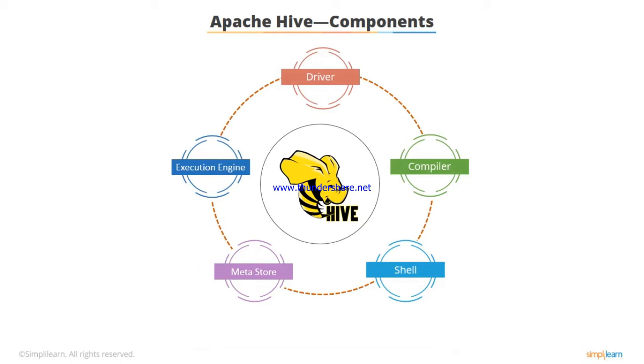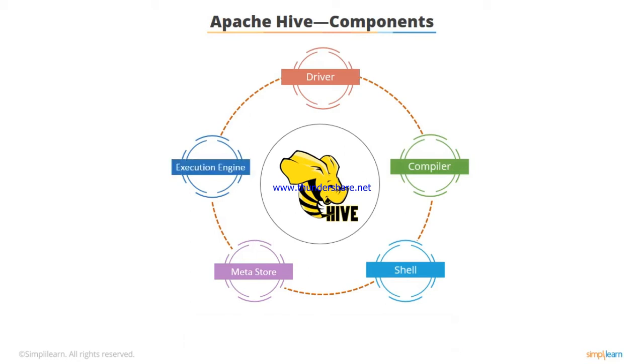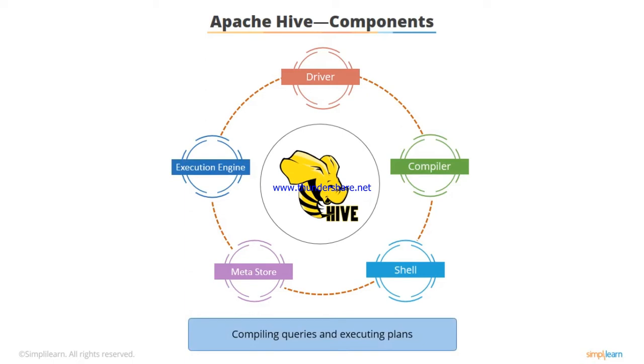To run queries on data in HDFS or in the local file system, Hive uses HiveQL, which has a syntax similar to that of SQL. It needs components to support the query functionality. The compiler is the component of Hive responsible for parsing queries, preparing query plans, and optimizing the plans. The execution engine then takes care of compiling queries and executing plans.